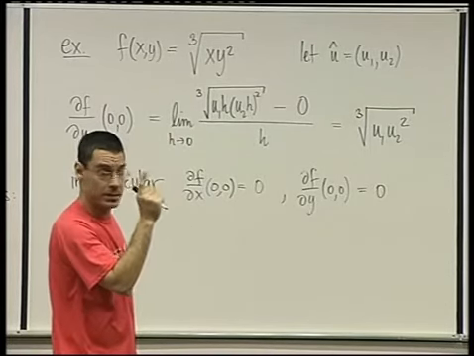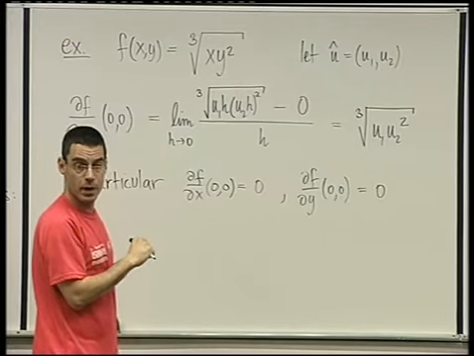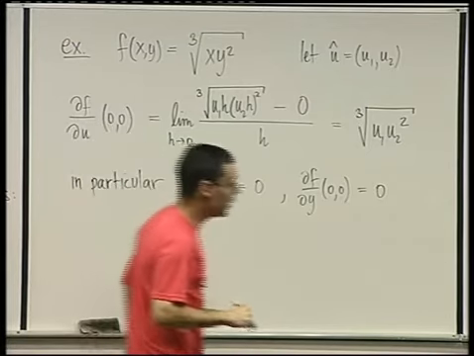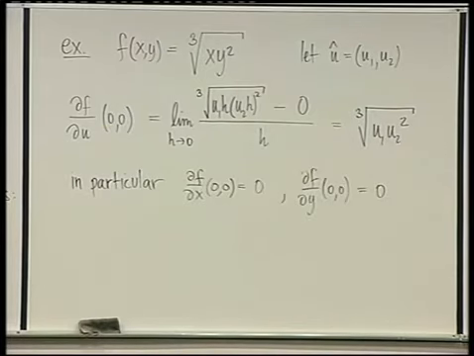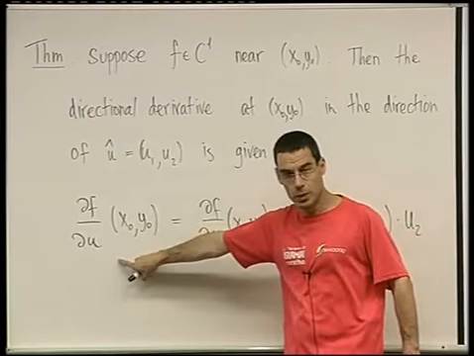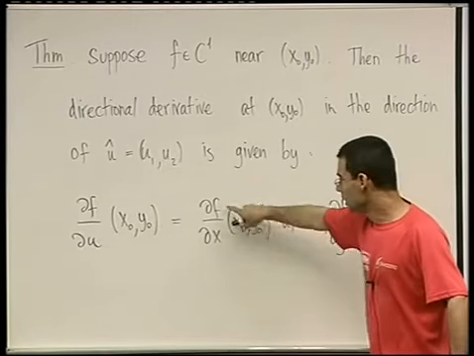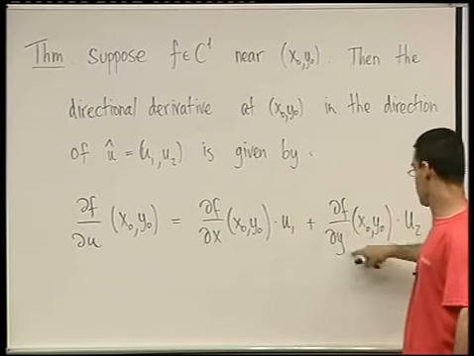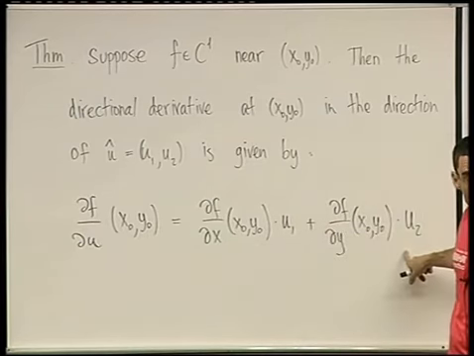But we just had a theorem. We even proved that theorem, right? The theorem I'm talking about is this theorem. Look here. The theorem said the directional derivative with respect to u equals the partial with respect to x times u1 plus the partial with respect to y times u2, right?